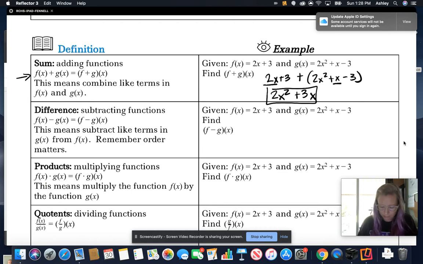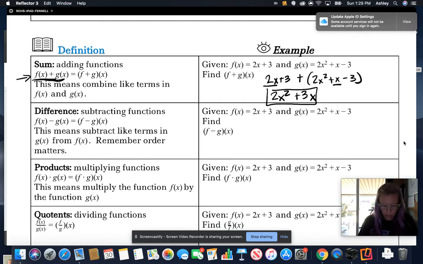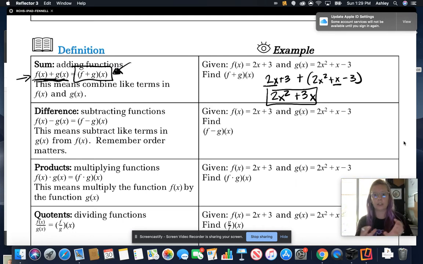F of x plus g of x, that's what we're actually saying when we give you this. So on a worksheet, a question, this would be how it would be presented to you. What it means is just add those two functions together. Add the values, basically just all these things in terms of x, right? So these are the y values in terms of x, and we're going to combine them together.